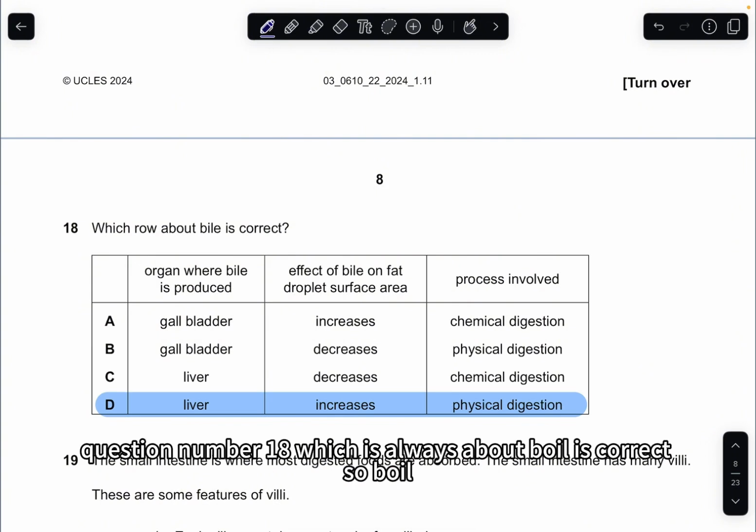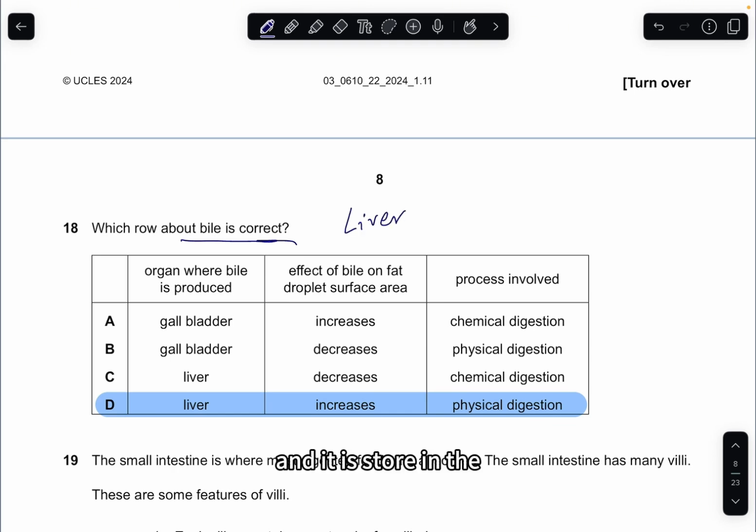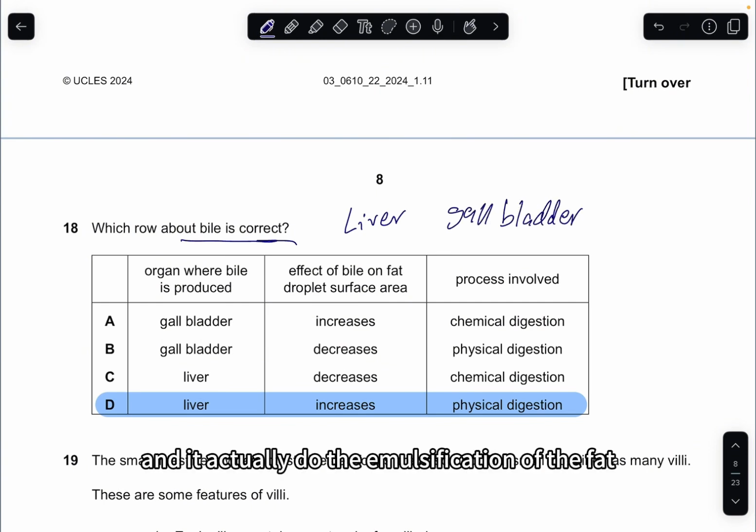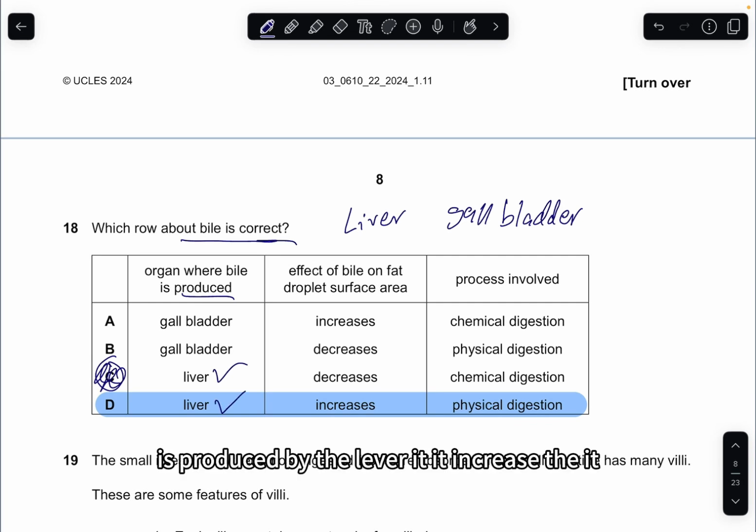Question number 18. Which row about bile is correct? Bile, we know, is produced in the liver, and it is stored in the gallbladder, and it does the emulsification of fat, and it helps in digestion. So it is produced by the liver.